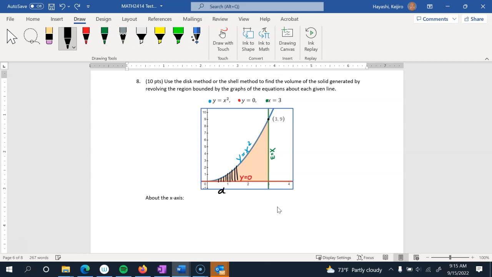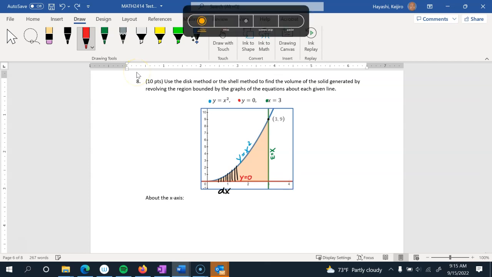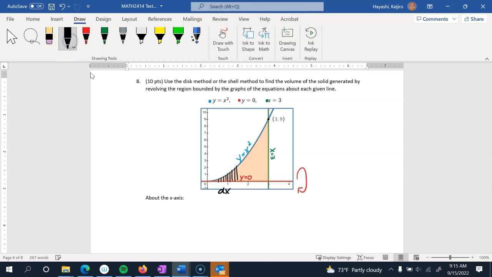So you'll just want to keep it dx, which means that around the x, when you're rotating it around the x-axis, that is going to be disk. So dx, disk. But then later, when you're rotating around the y-axis, the fact that those slices are still dx, which is preferable, is going to make that be the shell method when you rotate it around that vertical axis of rotation.